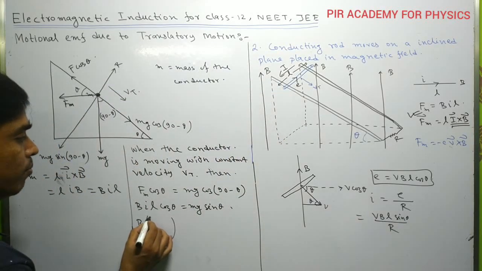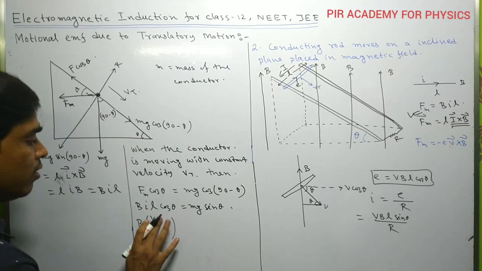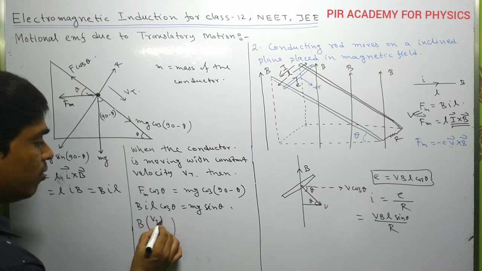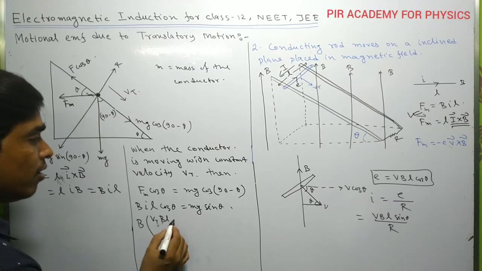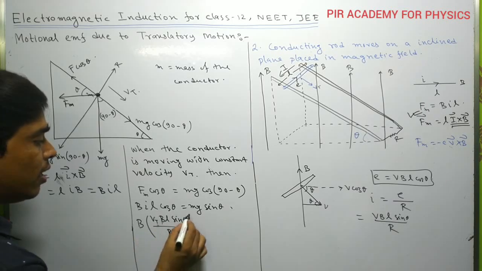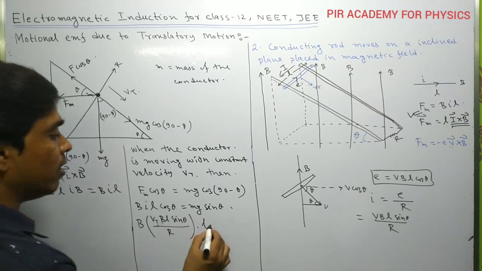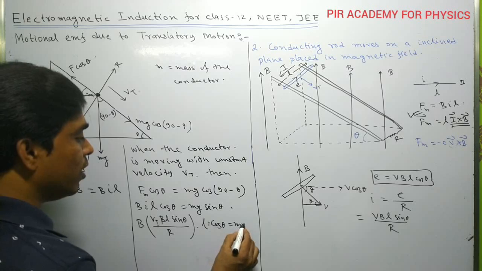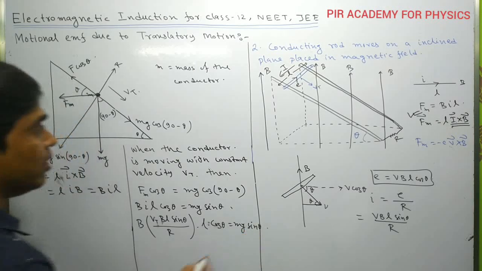Here V is V t. So V t B L sin theta divided by R, into B L cos theta, equals mg sin theta.